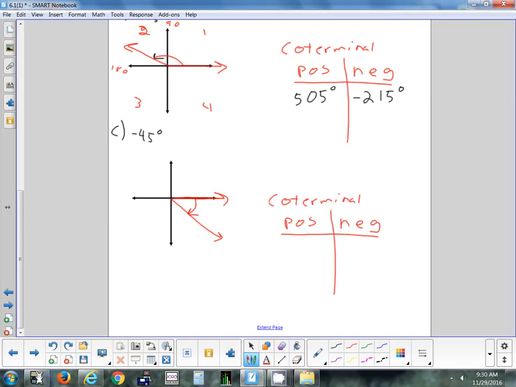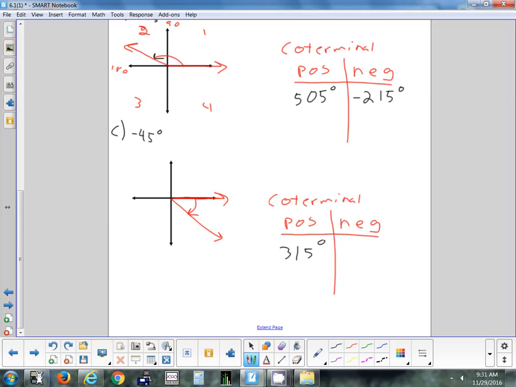Adding or subtracting, like the dots are 90 degrees and 90 degrees. What's the certain amount that's important? You're going to add or subtract something that brings you right back to the same spot. 360. All right. So if we add 360 to that, you'll get 315 as your positive. And you could add it again and get another positive, and again, you could keep doing it.